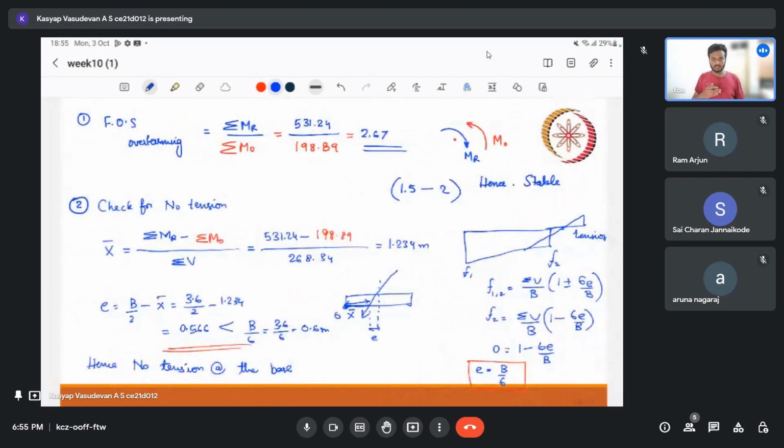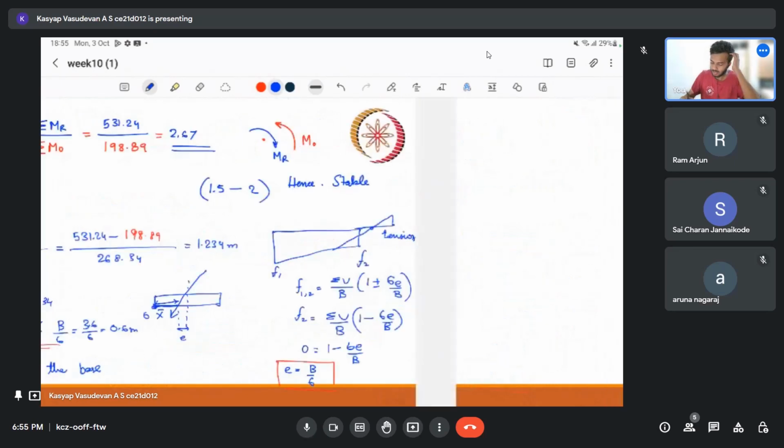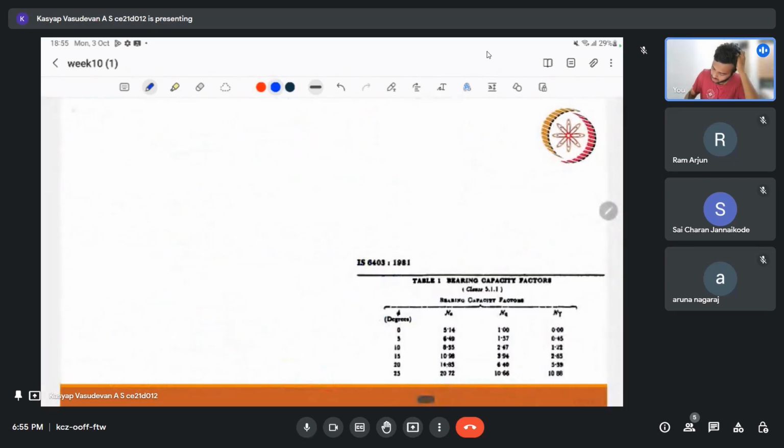All the checks till now are fine. Let's go for the next one, checking against bearing capacity. We can do this in two ways. One is what we had done for shallow foundation.